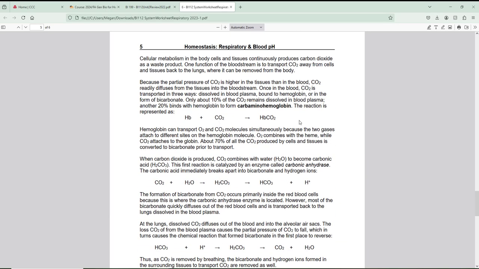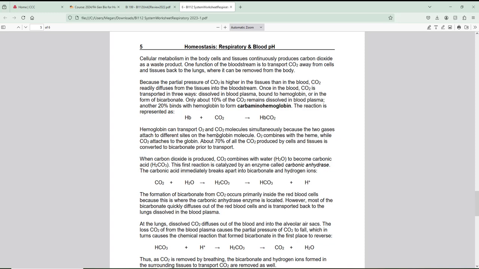Then you're going to learn about homeostasis in relation to the respiratory system and the blood pH of your body. We talked a little bit about this with the blood buffering system, with buffers and the pH.